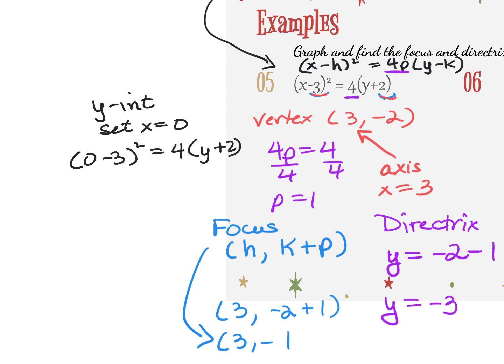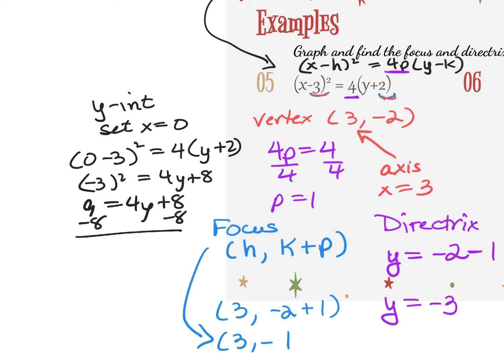I need to subtract, distribute, square, move the 8, divide by 4, and 1/4 equals y. So my y-intercept is going to be the ordered pair (0, 1/4).